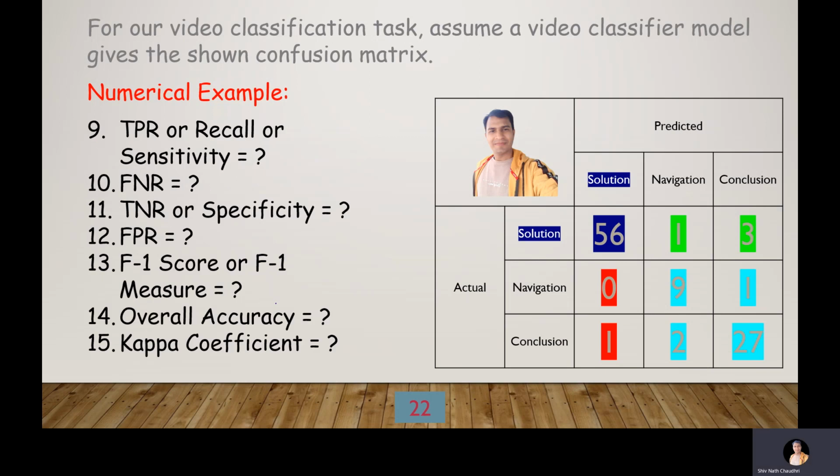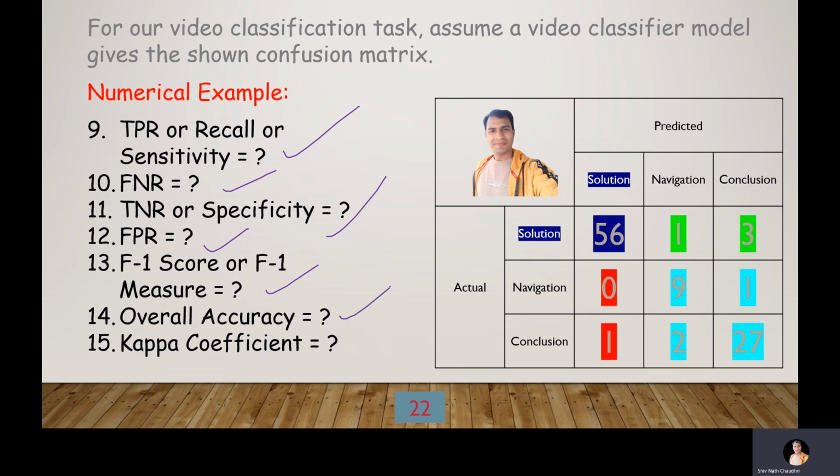Now calculate the remaining parameters as well. TPR is calculated as TP upon TP plus FN. FNR is calculated as FN upon FN plus TP. TNR is calculated as TN upon TN plus FP, and FPR is calculated as FP upon FP plus TN. The 13th parameter is F1 score, which is calculated as 2TP upon 2TP plus FP plus FN.